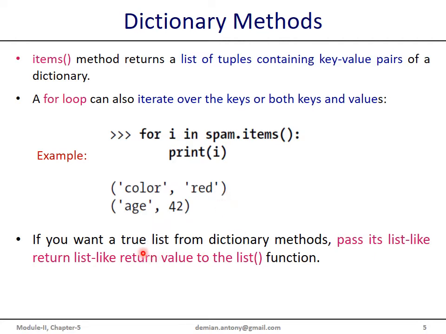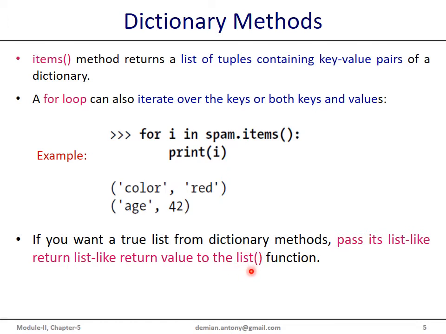If you want to create a true list from the dictionary methods like keys, values and items, what you have to do is pass this list like structure, which is returned from keys, values and items, to the function list, and this list function will create a true list which may be modified by the programmer at runtime.